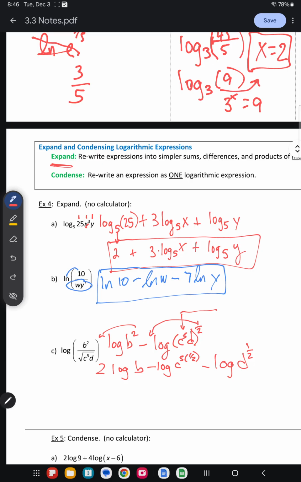So we could have skipped a bunch of steps, but I'm trying to go slow and expand this out. So the first part here, again, is good. We don't have to touch that. Now, we have this exponent here of 5/2. So that's what's going to go in front of the logarithm. Now, you could write 2.5 if you want, or 5/2. Either one would be fine. And then we have c by itself. Now, we have an exponent of 1/2. So that is going to go in front of that log. Okay, again, why do we have 2 subtractions here? Because both of these came in the denominator, so they have to get subtracted. The numbers in front are a result of their exponents that they had in the original form. Okay, so again, this is expanding.